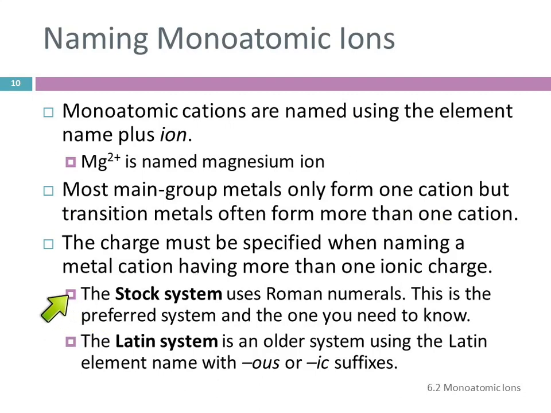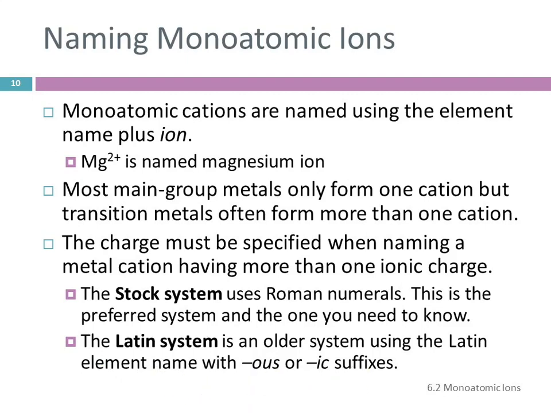The stock system uses Roman numerals. This is the preferred system and the one that we're going to use in class, and this is the one you need to know. I'm just going to tell you that this other one exists because you'll see it occasionally, and I don't want you to wonder, what on earth is that? It's the Latin system, and it uses the Latin element names and -ous or -ic suffixes.